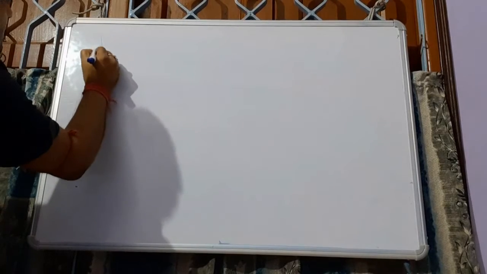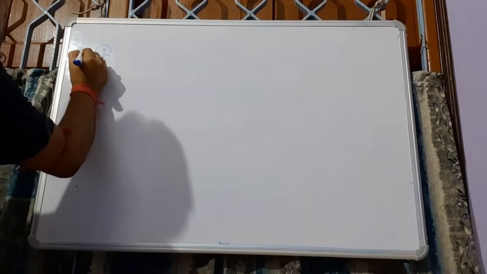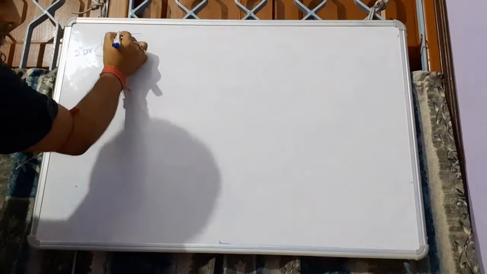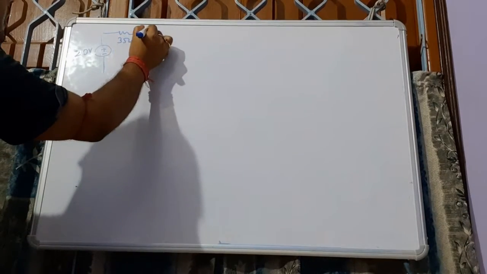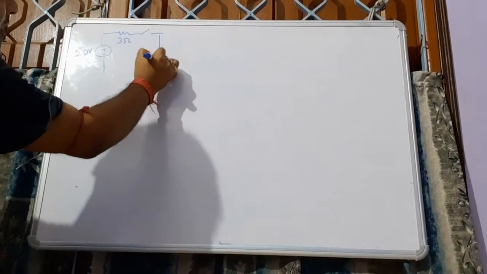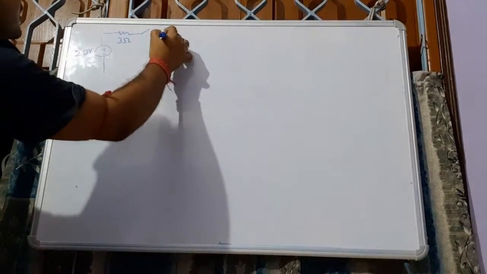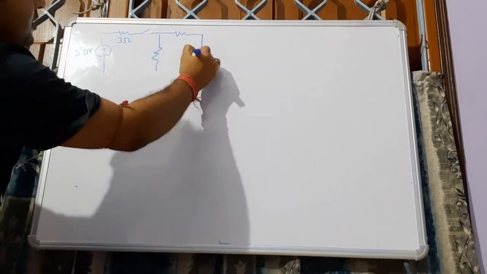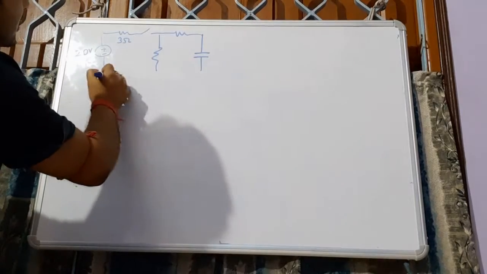Regarding this, suppose we take a circuit like this. Suppose a 20 volt source, and there is a resistance of 3 ohm, and there is a switch. There is another resistor in parallel, and this is in series, and there is a capacitor.